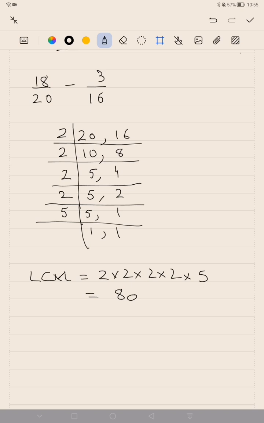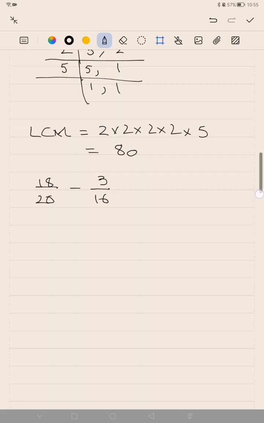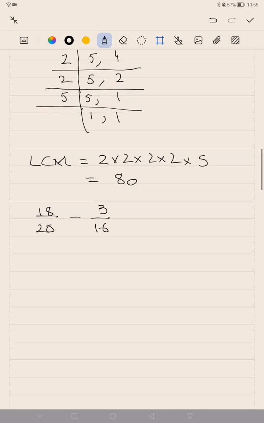Now we had the fractions 18 over 20 minus 3 by 16. The LCM of 20 and 16 is 80. I have to convert 20 into 80. Now if you do not find it easy, let's use the trick.